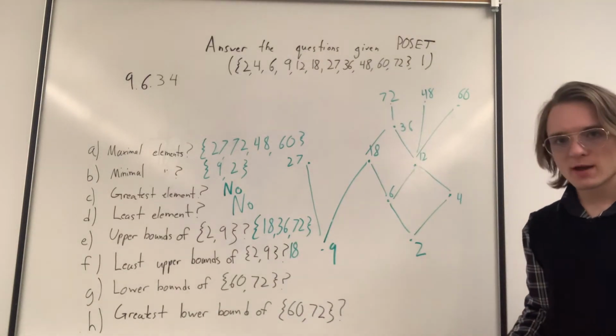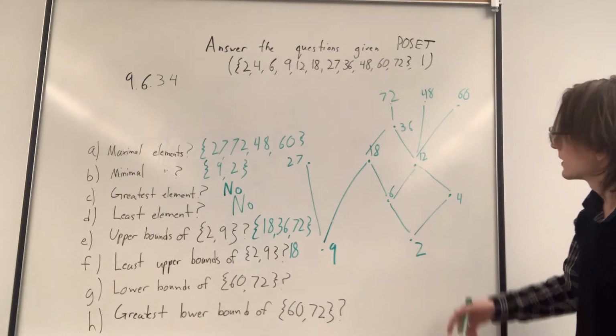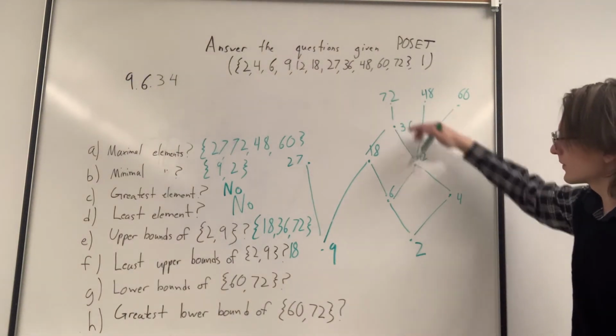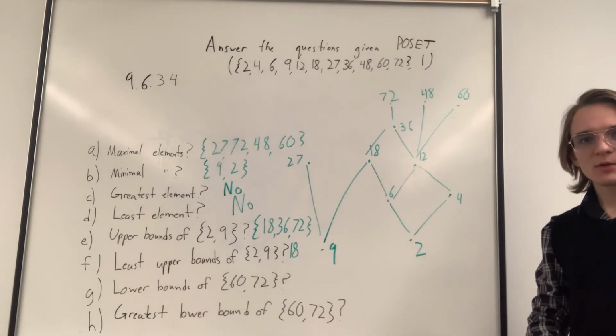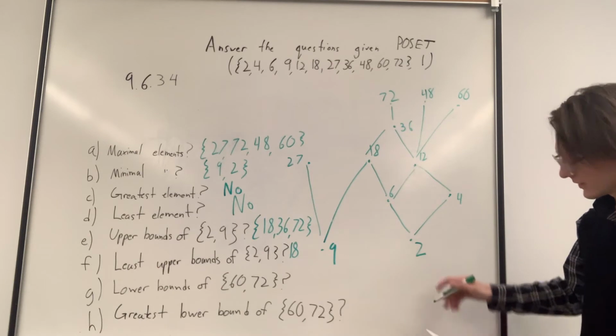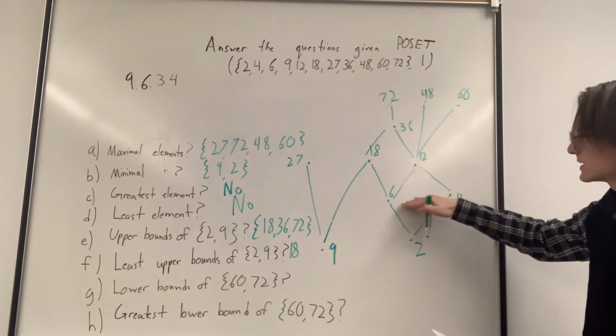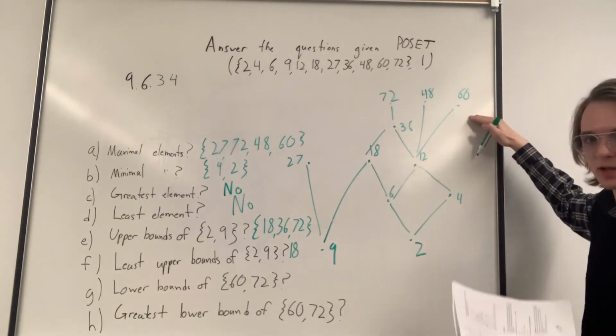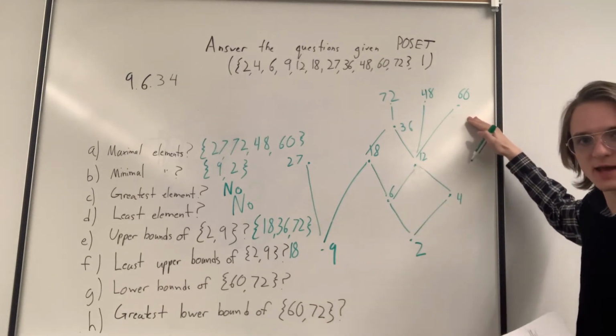Now, what are the lower bounds of 60, 72? Okay, it's the same thing, but in reverse. We have 60, we have 72. What can divide both of these elements? Well, that would be 2, 4, 6, and 12. 18 would not divide 60, and we can see this just by looking at the hash diagram.